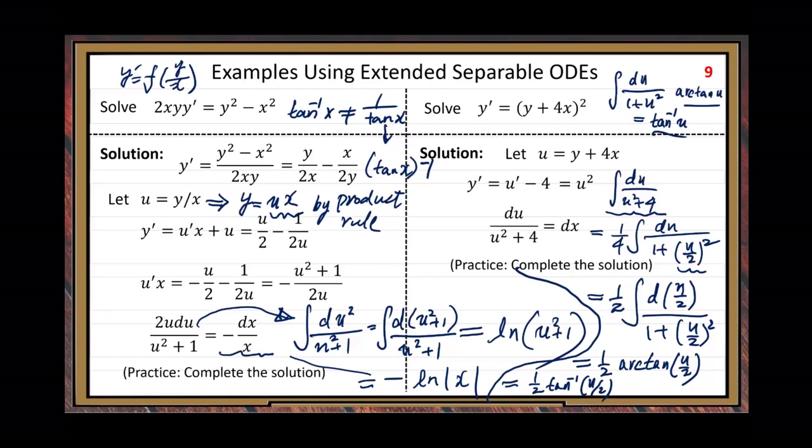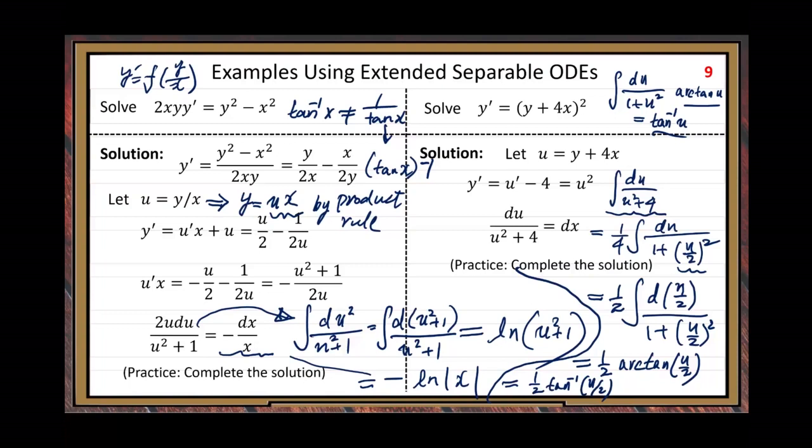All right. So the answer, remember, we find the integration. Left hand side, 1/2 arc tan u over 2 equals right-hand side, just x plus c.